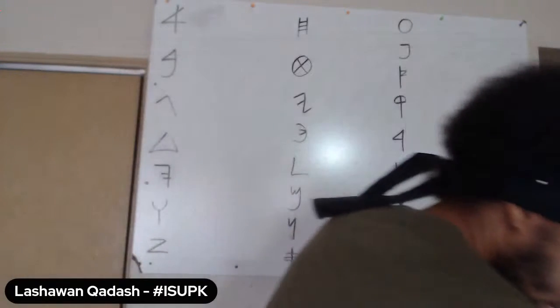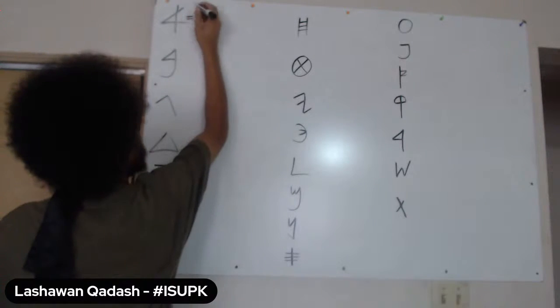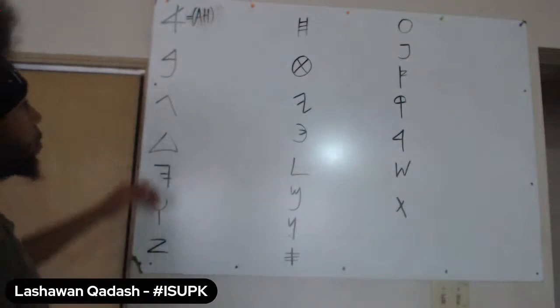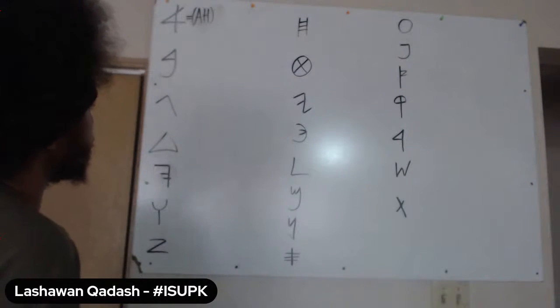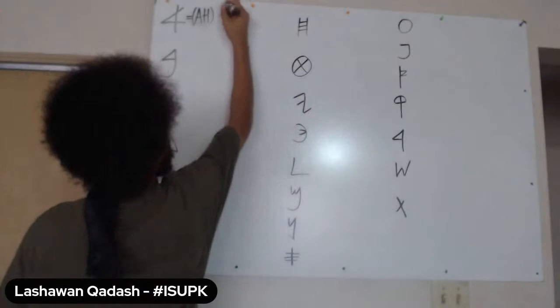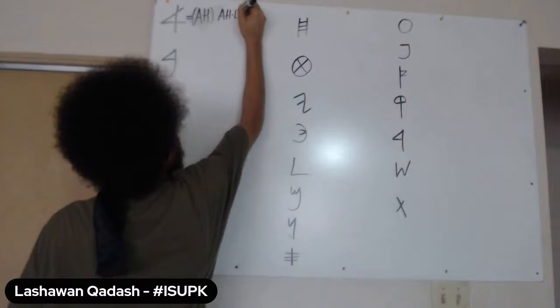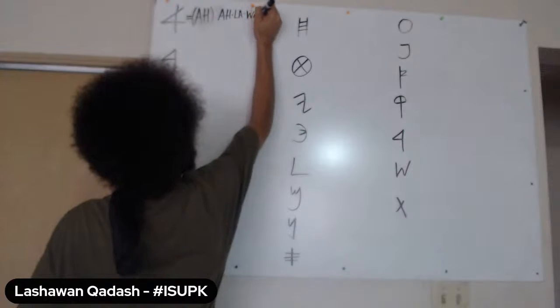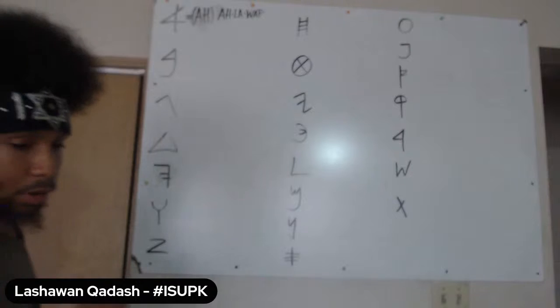This is going to be the symbol in the ancient Hebrew, and I'm going to put it in parentheses so you know what this is. And this is the word that we're going to use. The word is alawat.